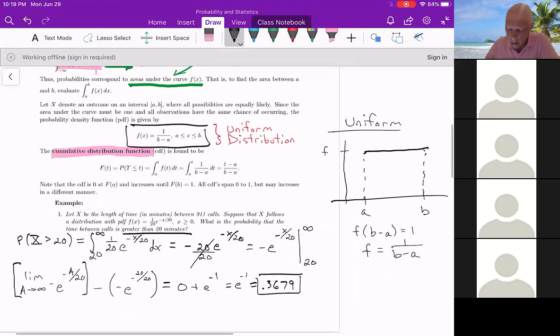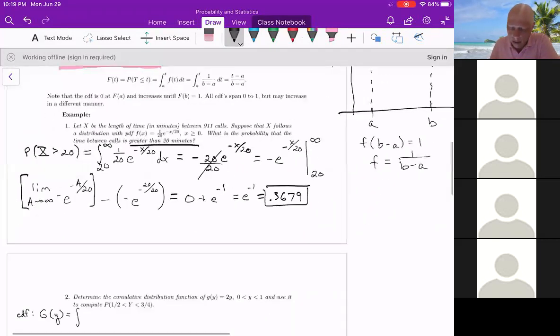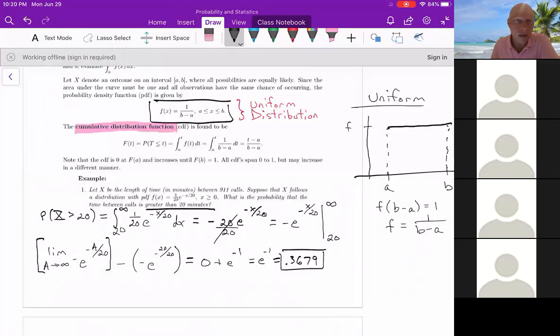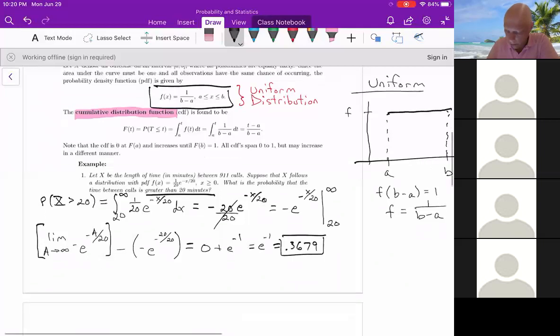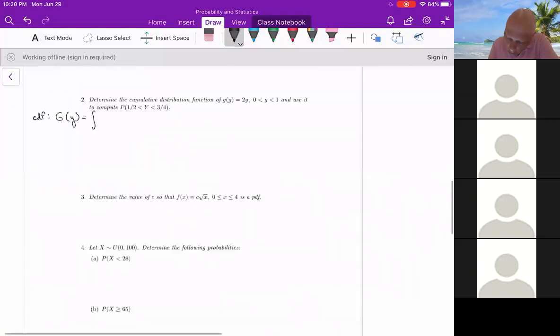I'm going to write it a little differently because I'm writing the CDF not as a function of t, but as a function of y. So I'm going to write it as the integral from 0 up to y of 2t. So I wrote little g of y as g of t. And this is dt, integrated with respect to t.